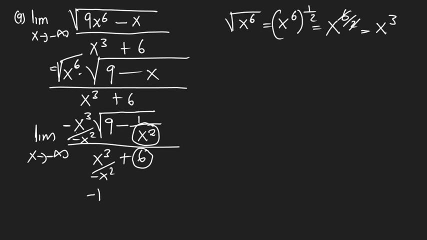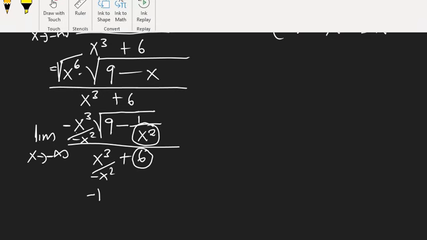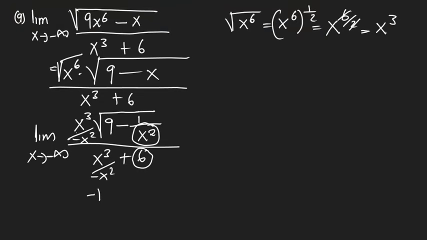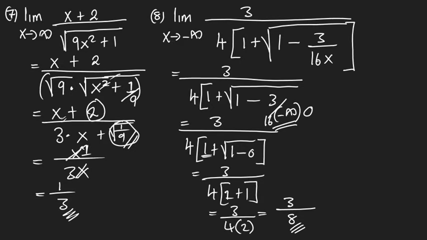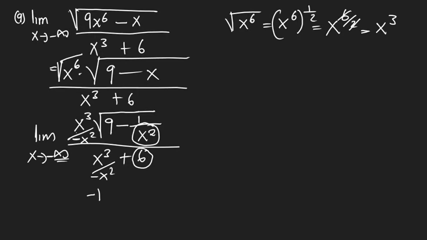Okay. Sorry. You're dividing by negative x to the power 3 because it's negative here. Okay? Negative infinity. So you're going to have negative 1 because you're dividing x to the power 3 over x to the power 3.